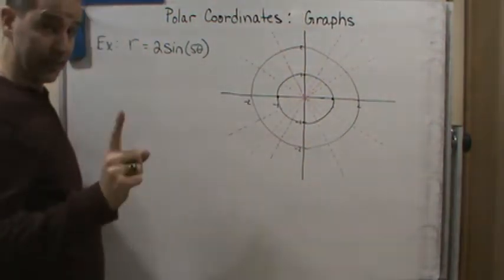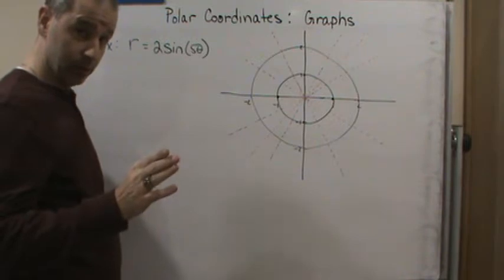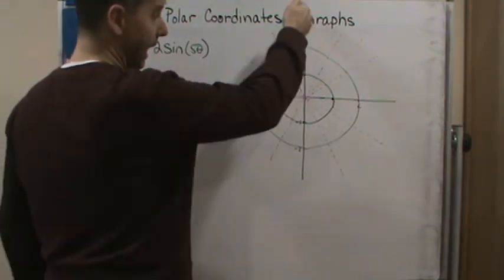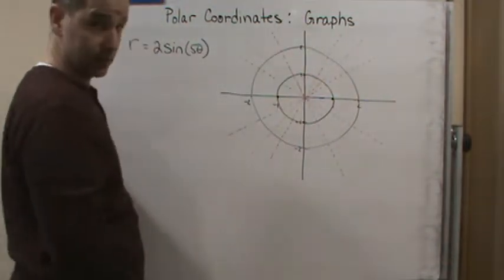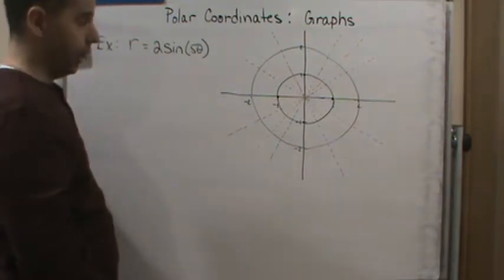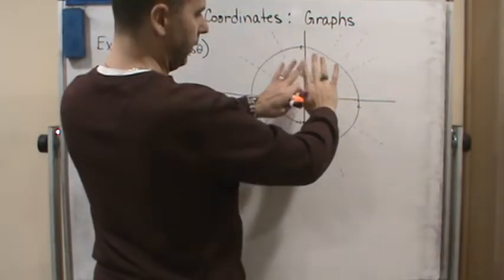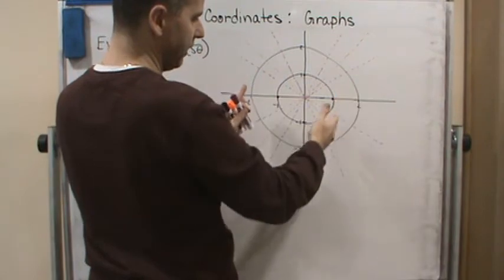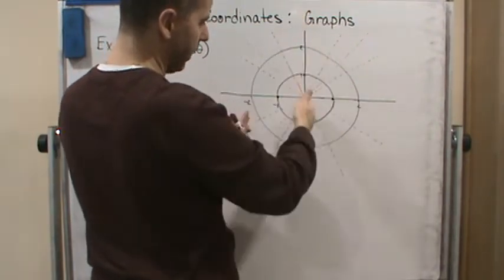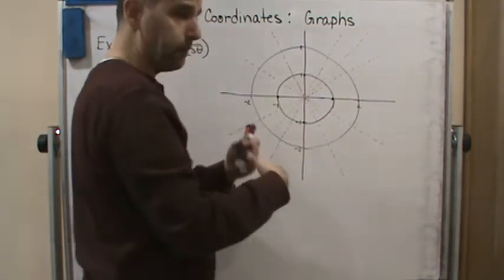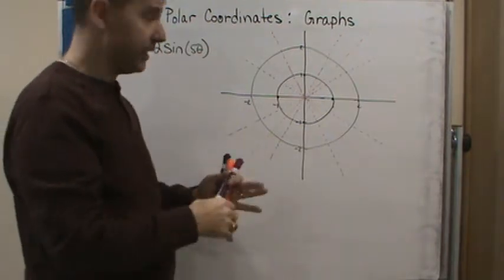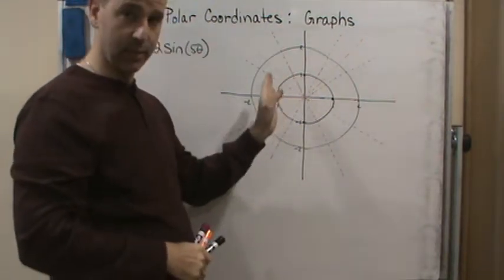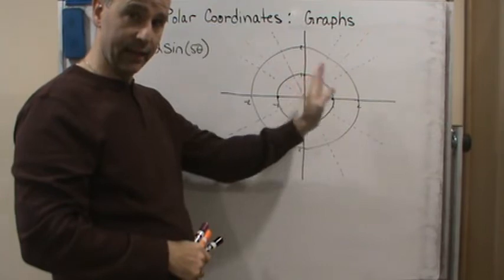Which means one of the petals has to be on the y-axis, and then it's going to be flipped, half on this side, half on the other side. If one of the petals is not on the y-axis, then it'll never be symmetric. You will never be able to get it to be symmetric across that line.